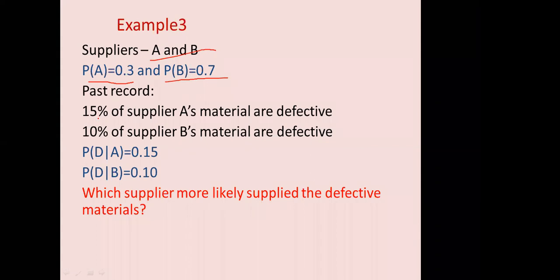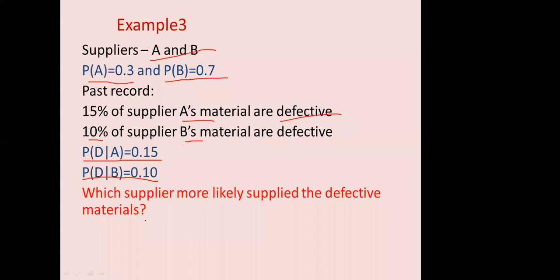And the past record says that 50% of supplier A's materials are defective and 10% of supplier B's materials are defective. That is, the probability that an item is defective given that it is supplied by supplier A is 0.50, and the probability that the material is defective given that it is supplied by supplier B is 0.10.